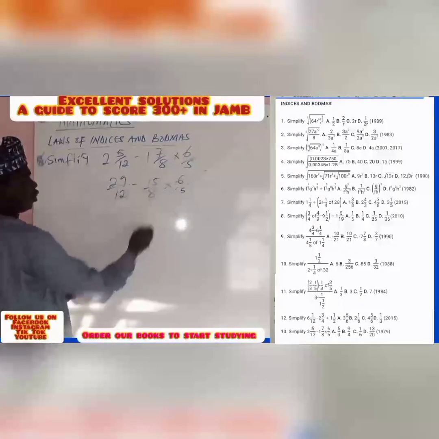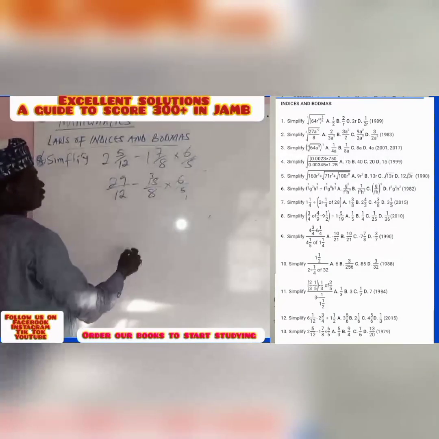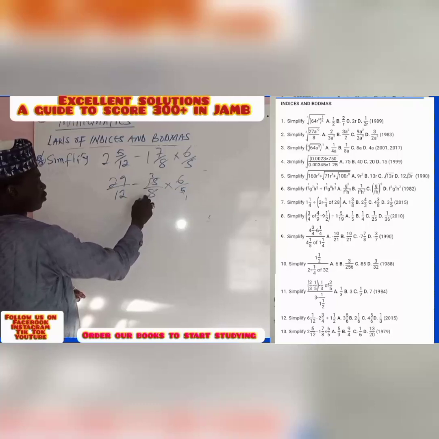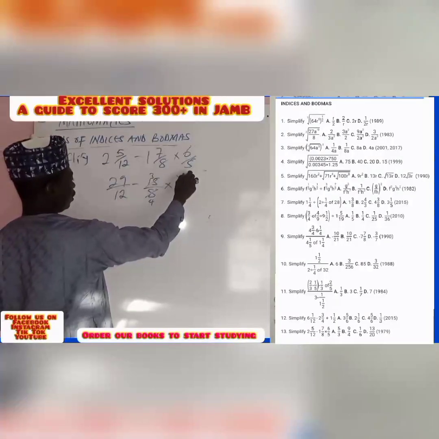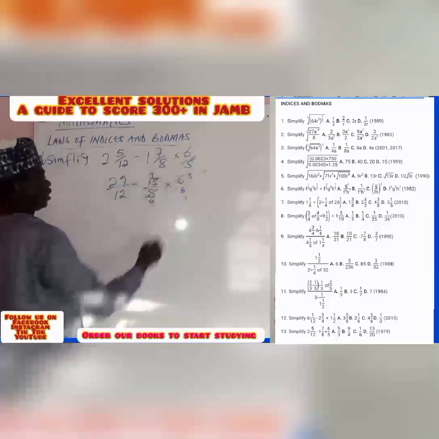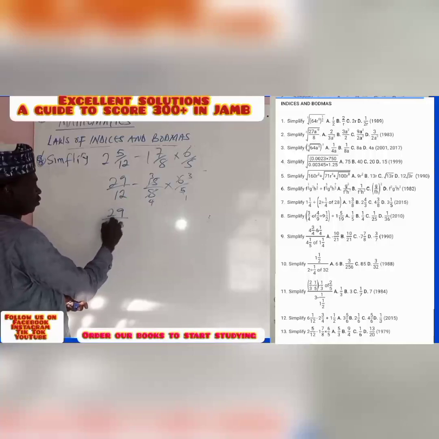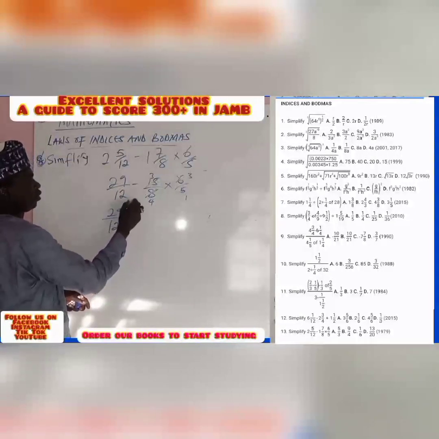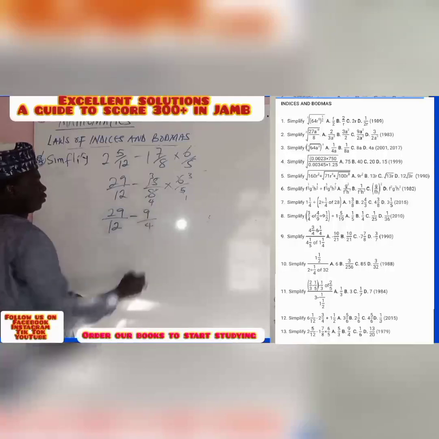So since this is a multiplication, 3 here, 5 here, 1, 5 here, 3. And if we now come here, 2 here, 4, and 2 here, we have 3. So 3 times 3, we have 9. Here we are going to have 29 over 12, minus 9 over 4.